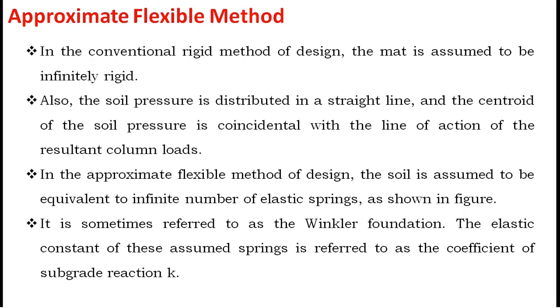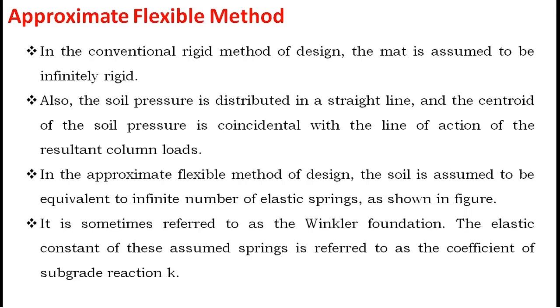This comes in pavement design. Whenever you design a pavement, you determine the soil subgrade reaction. You do a test similar to your plate load test, load and displacement, and after that you get a subgrade reaction K. But why is that parameter considered here? Because in Winkler's method or the approximate flexible method, the soil is assumed as a spring.